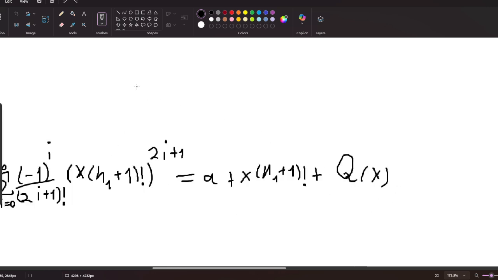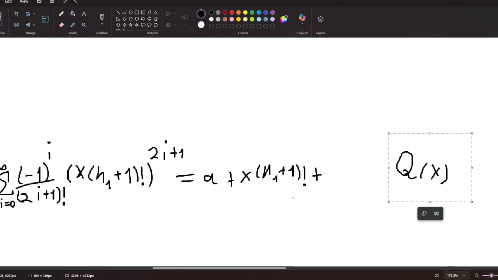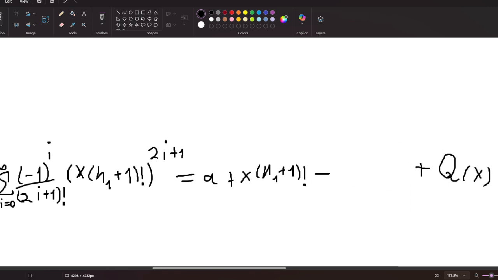Now what we could do is show that we need q of x to be some positive number, otherwise it'd be annoying to deal with, so let's expand it out to the second power here. So the q of x is going to be positive.